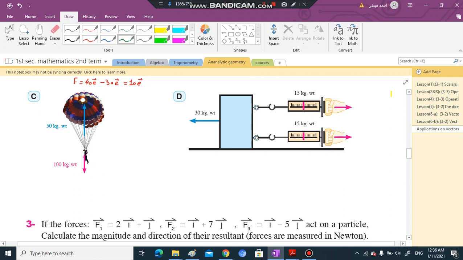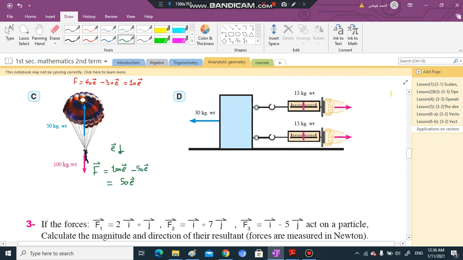Now we will take the unit vector E in the direction of 100 kilogram weight, so the resultant force will be 100E minus 50E, so 50E, where E is the unit vector in the direction of the force 100 kilogram weight.